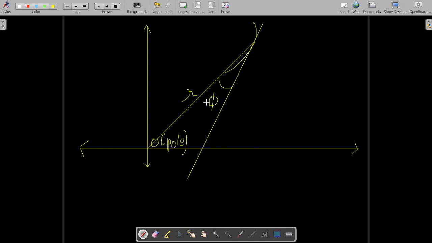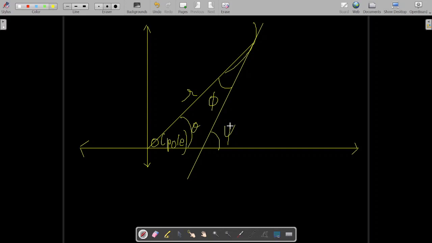This angle is called phi. The angle which this radial vector makes with the x-axis is called theta. And this particular angle is your psi.